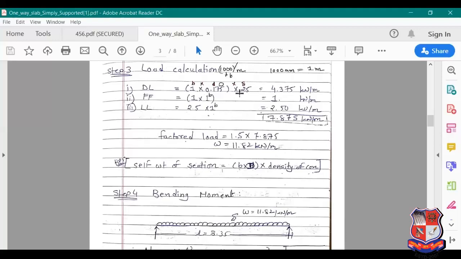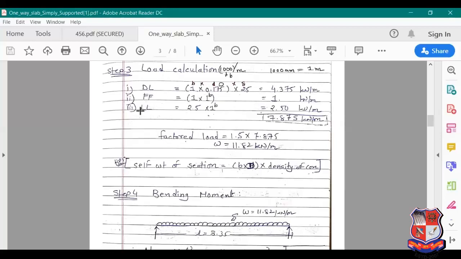Concrete density is 25, and the area is b into d. I'm not talking about length, I'm talking about cross-section area, so it is width and depth. Which depth should we take? The overall depth, which is 175.